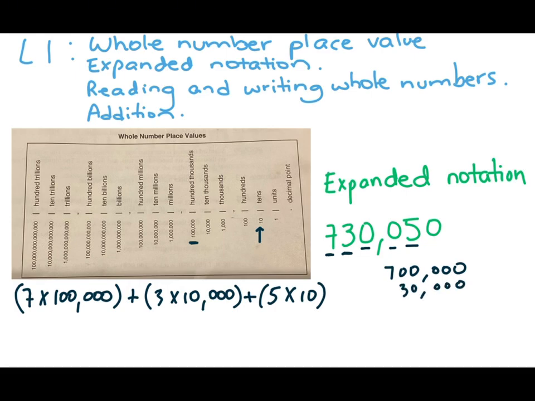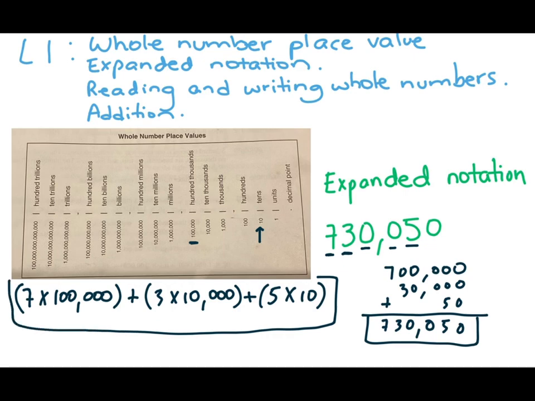And then 5 times 10 is 50. If we multiply and add those, we get the original number. This here is the expanded notation of this number, okay? It's pretty easy. You just have to multiply by the place value, or the value that is given by the place where the number is.